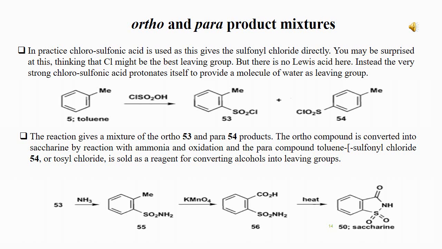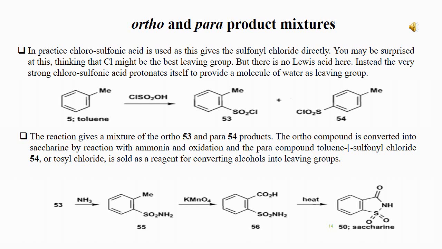So there is no way we can get 53 by this route. The para compound, toluene sulfonyl chloride, is tosyl chloride, the para compound 54.